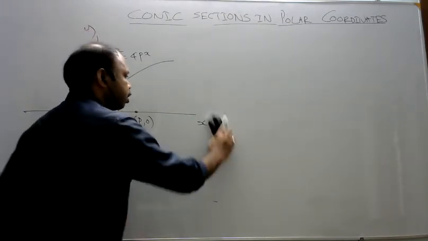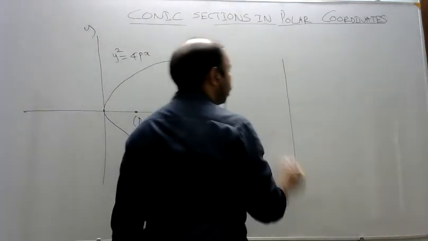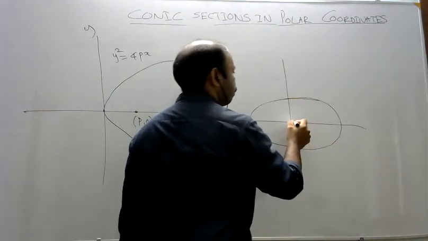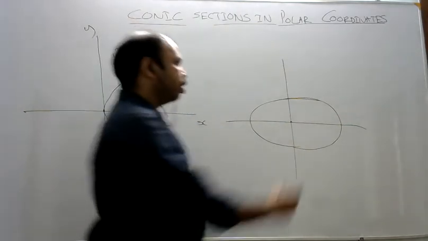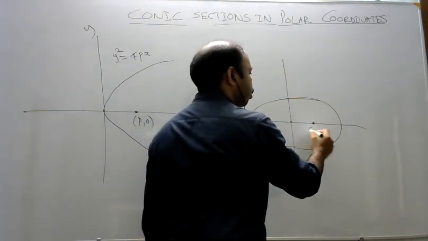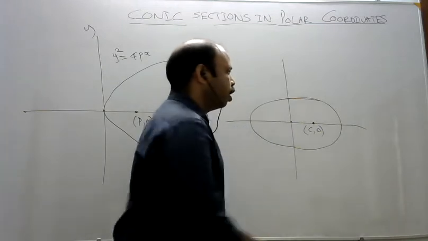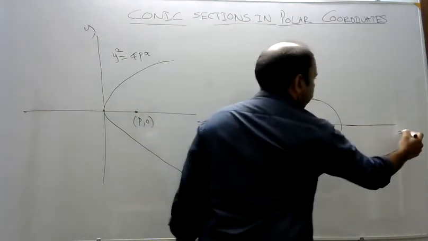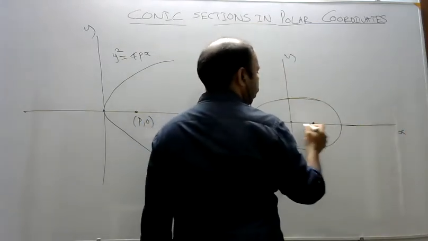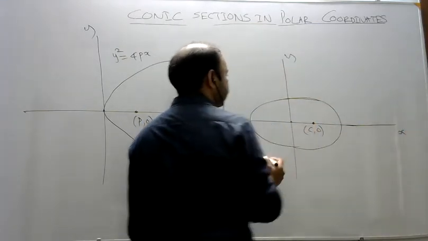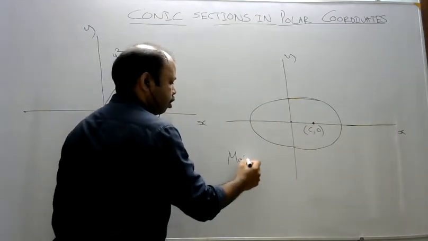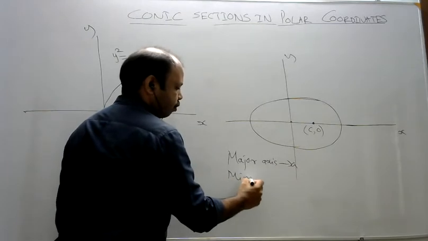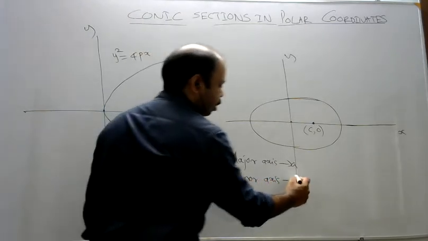Then consider an ellipse. Here this point is called the center of the ellipse, and this is a focus. Suppose the focus is at (c, 0), the semi-major axis is a and the semi-minor axis is b.